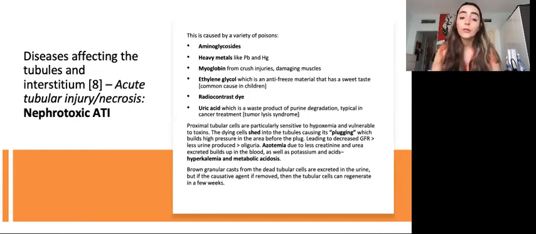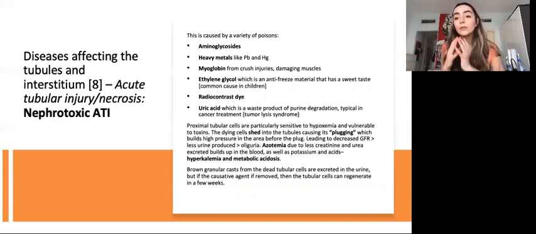Now, for nephrotoxic acute tubular injury, or just general acute tubular injury, the proximal tubular cells are very sensitive to hypoxemia, and they're vulnerable to toxins. The dying cells shed into the tubules and cause them to plug, and then you have a buildup of pressure right before the plug. This leads to decreased GFR due to the increased pressure at the top, and less urine is produced, eventually leading to oliguria, azotemia, and uremia.